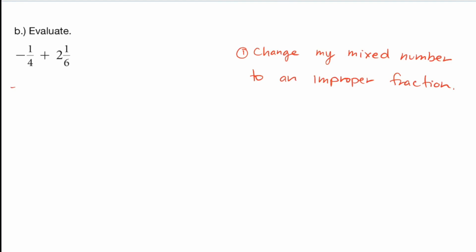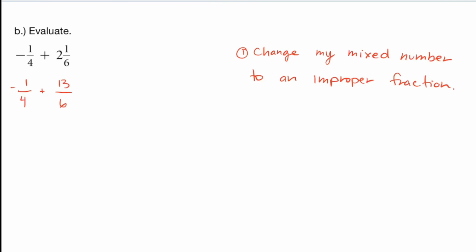I'm just going to rewrite this. And then I'm going to change 2 and 1 over 6 to an improper fraction, which is 2 times 6 is 12, plus 1 is 13 over 6.